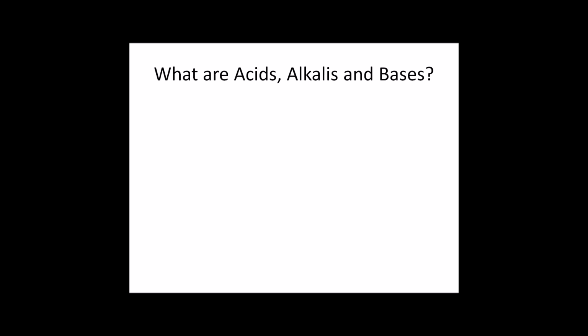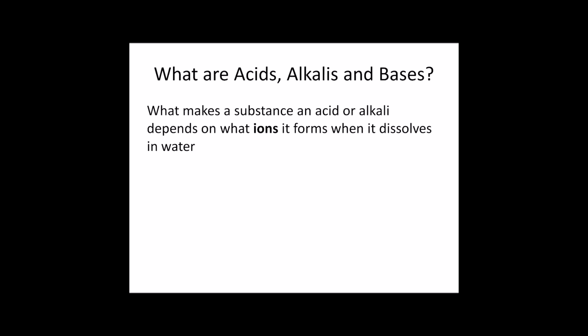Next thing, what exactly are acids, alkalis, and this last thing called bases when we're looking at the chemistry? What makes a substance an acid or an alkali depends on what ions it forms when it dissolves in water.